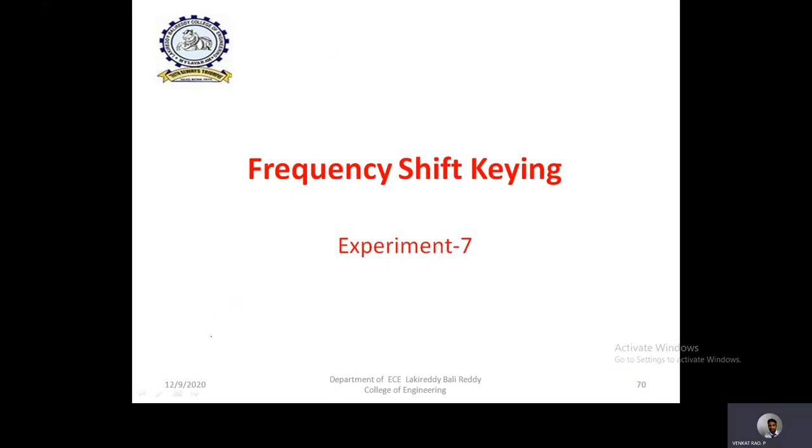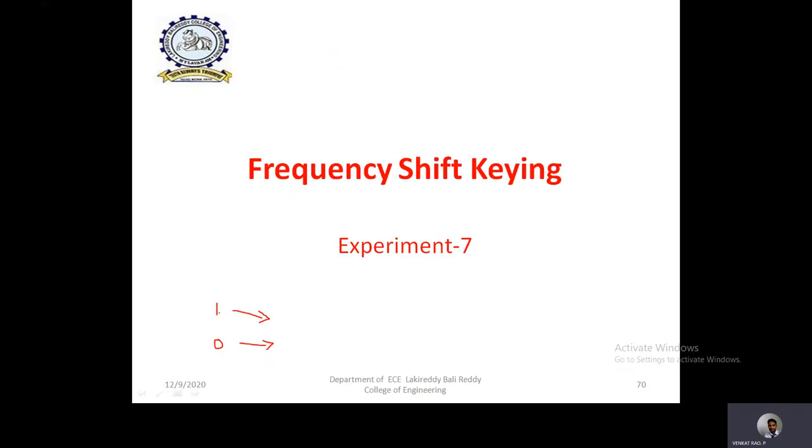Here the input to any digital modulation technique is digital data, either binary 0 or binary 1. Depending on the type of data input given to the modulation, the output of the modulation will change.